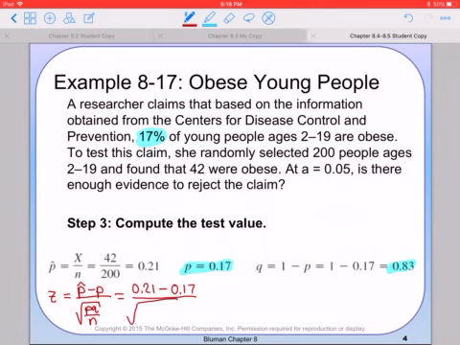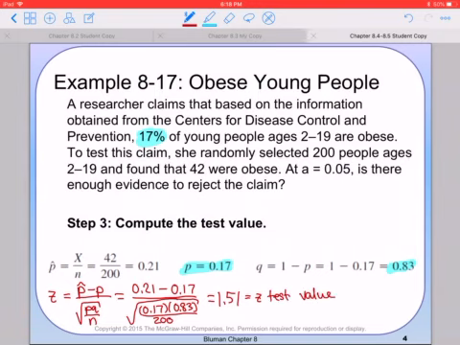Divide by the square root of p 0.17, q 0.83, divided by n, and that was our 200 people. When you do that math, we get 1.51. And so that's our z-test value.